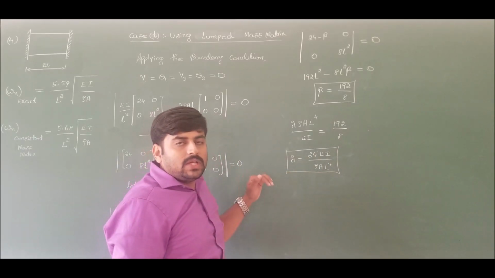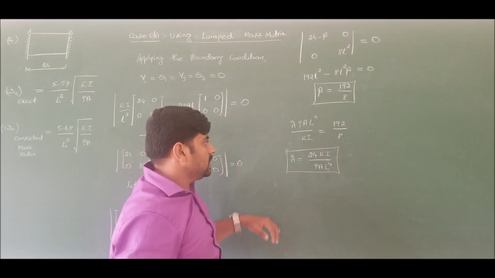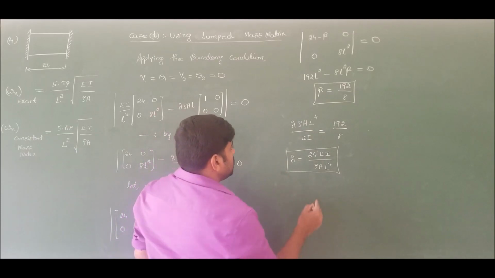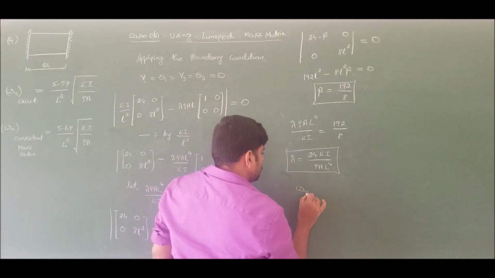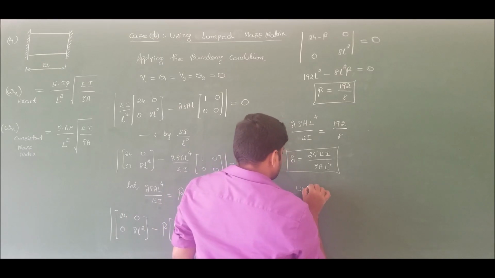We know that eigenvalue is nothing but the square of the natural frequency. Therefore, the natural frequency for this problem using lumped mass analysis: omega n square is equal to lambda.